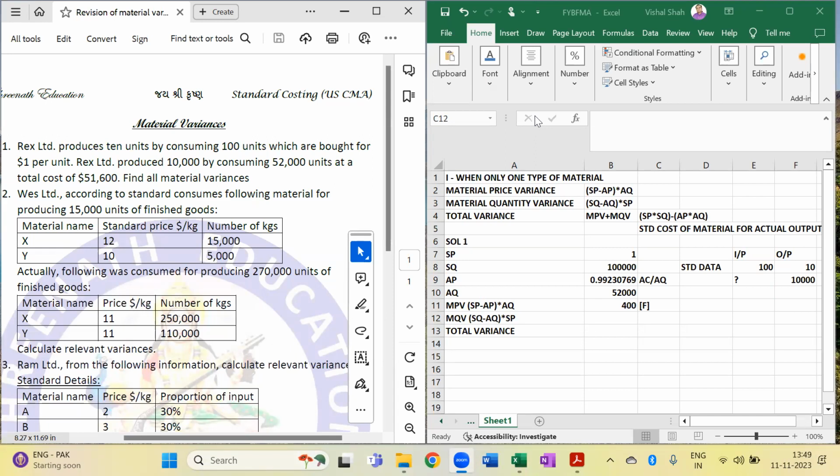If it is negative, let me tell you, US CMA people use unfavorable. In India, we use adverse, but US CMA students or US CMA Institute use the word unfavorable variance for negative variance, not adverse.